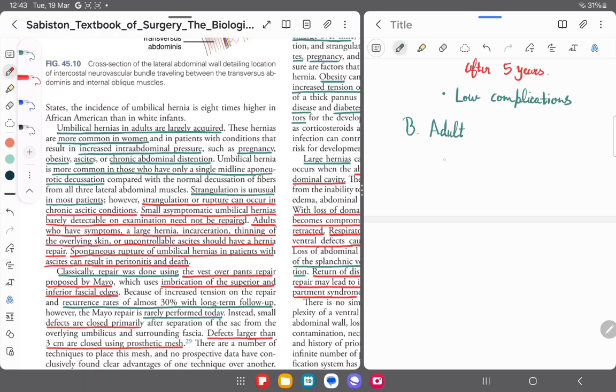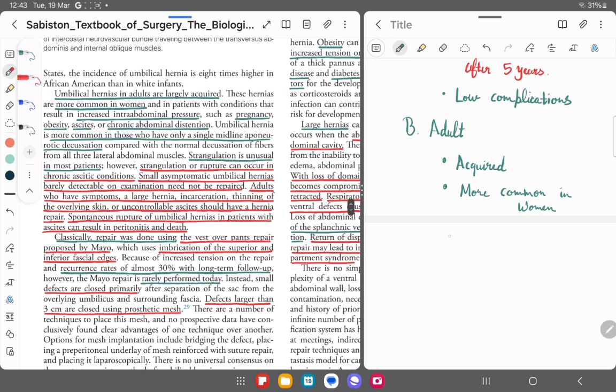They are largely acquired, and they are more common in women.